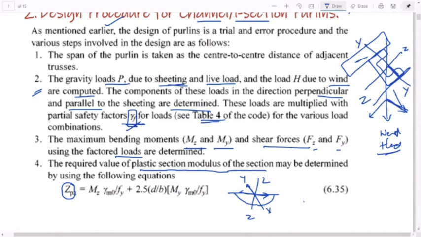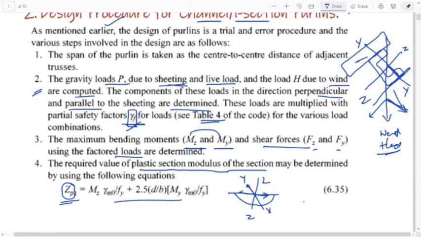Of course, here we have two axes, right? About two axes this purlin is going to bend. Therefore, this purlin section should have strength against the bending in Z and Y axes. But when we are trying to calculate the section modulus, we have to use both these moments to calculate that ZP.